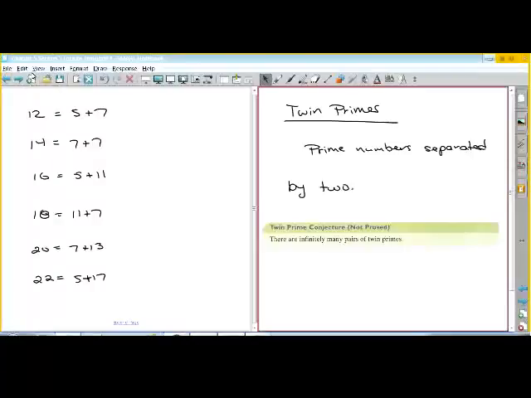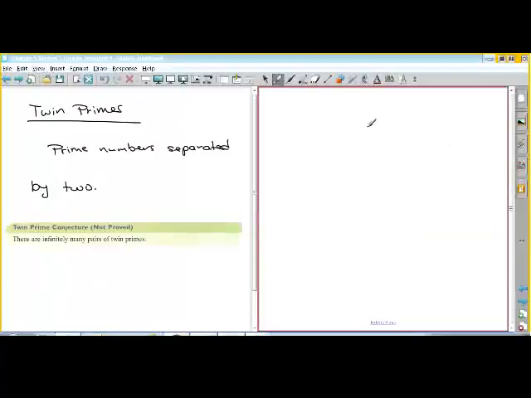Let's see. So this is kind of answer your question about how close together they are. Twin primes are primes that are separated by two units. So an example would be 3 and 5. Those are twins because they're separated by 2. Or what's another one? I think 11 and 13.